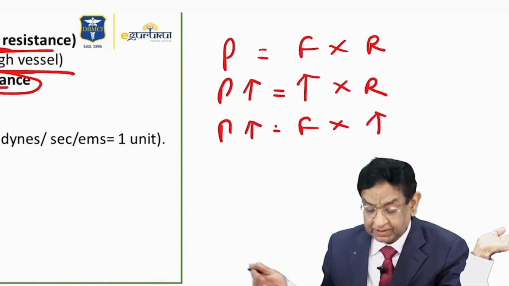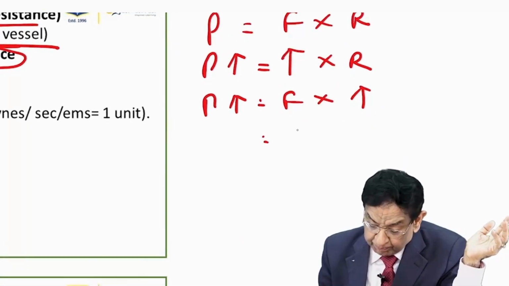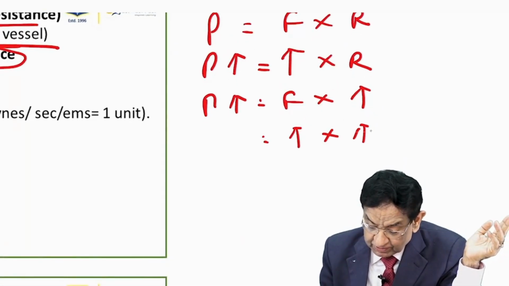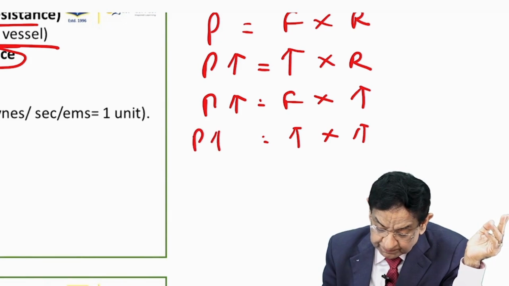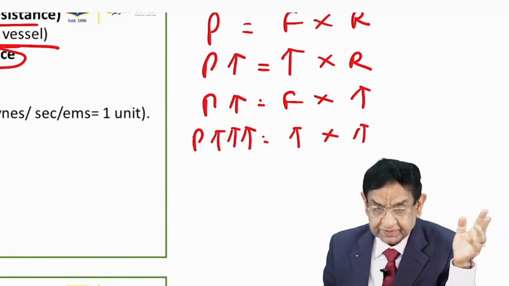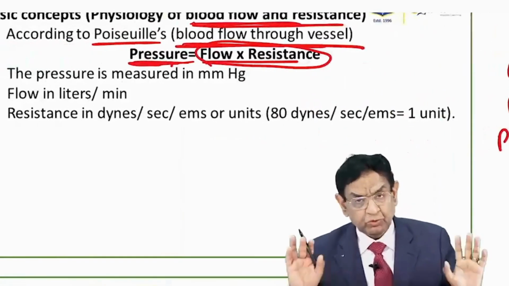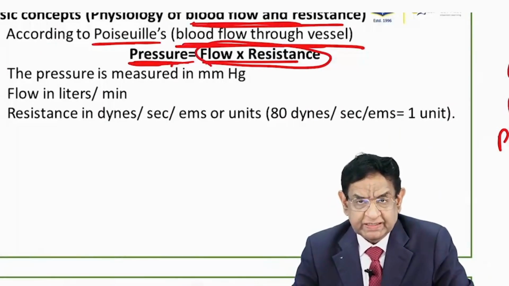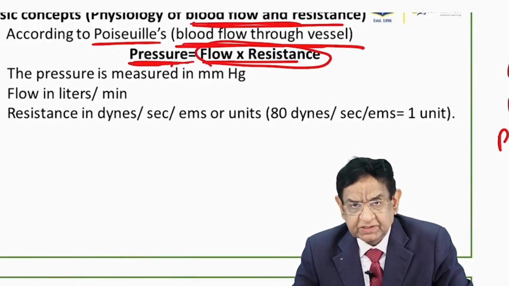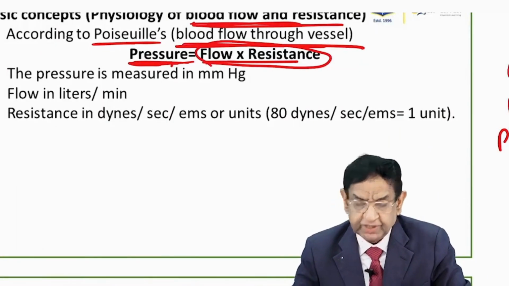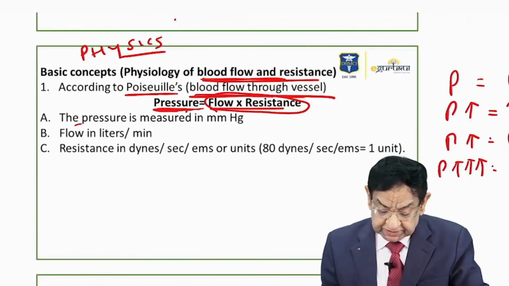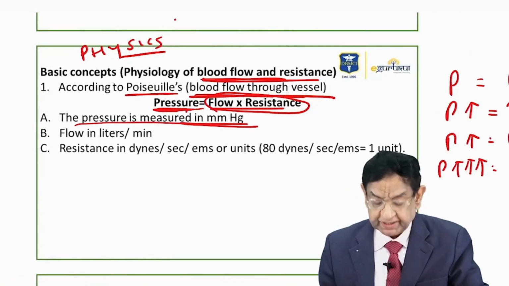And if both are increased, the pressure will be very, very high. Very simple. So friends, we learn that two things govern the pressure in the human body: flow into resistance.